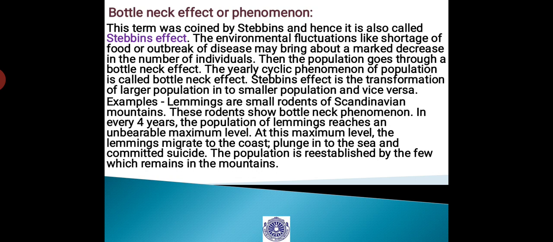That means in the peak level of this infection or the disease, more number of individuals will die, and the very next time the number of such individuals will increase. So it is like a bottleneck phenomenon, hence the concept is called bottleneck effect. And then the population goes through a bottleneck effect, and the yearly cyclic phenomenon of population is called bottleneck effect.